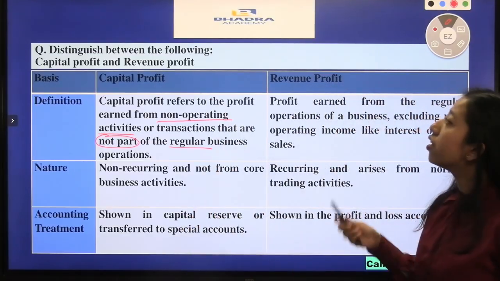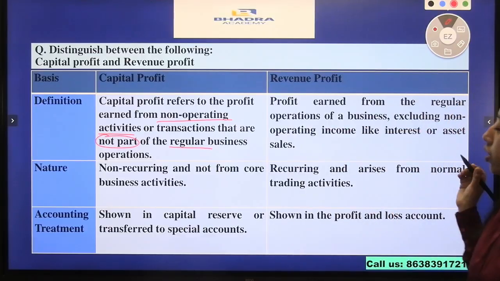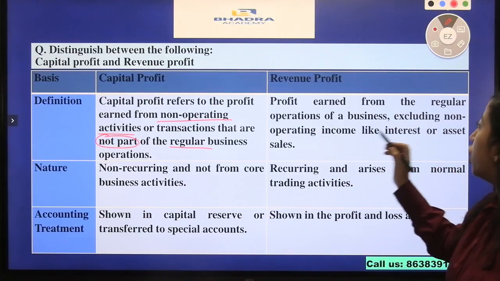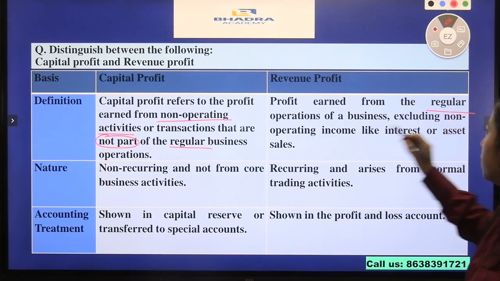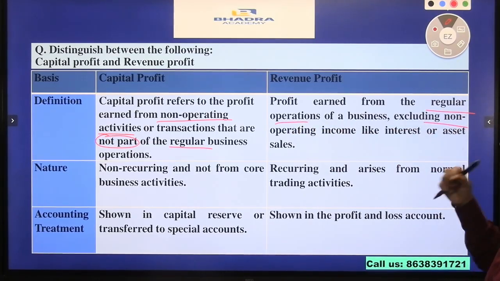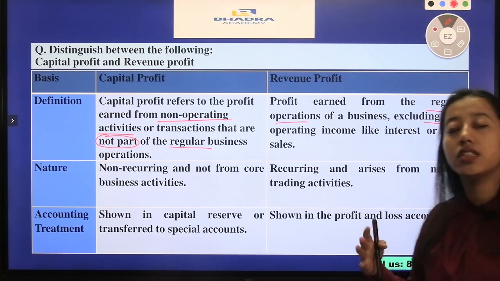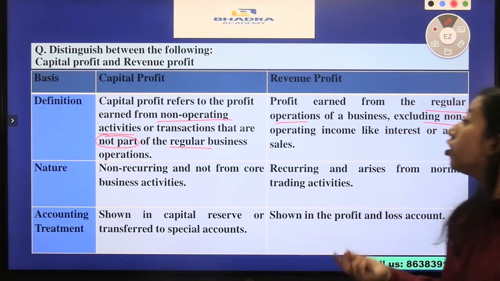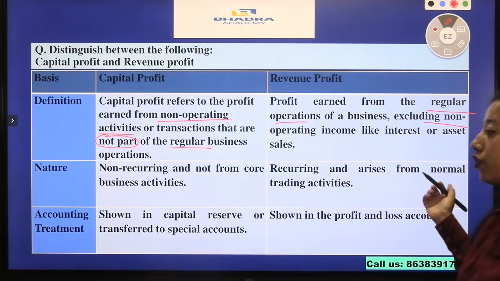Next we have revenue profit. So the definition goes like this: profit earned from the regular operations of a business excluding non-operating income like interest or asset sales. So these are the regular operations. So when a business sells goods, the profit earned is known as revenue profit.